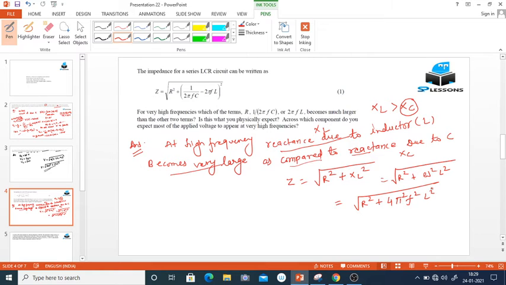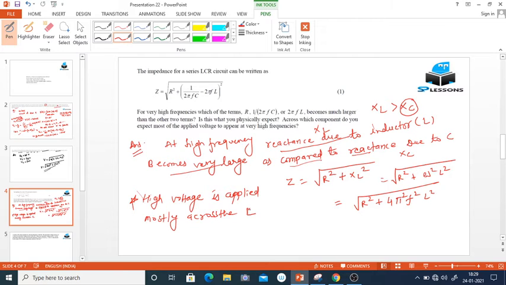Now remember another thing: high voltage is applied mostly across the inductor L. Because at very high frequency the inductive reactance increases, and we know that the current is constant, so at high frequency a high voltage is induced across the inductor L. The current is constant and the frequency is increased, which means XL is increased.